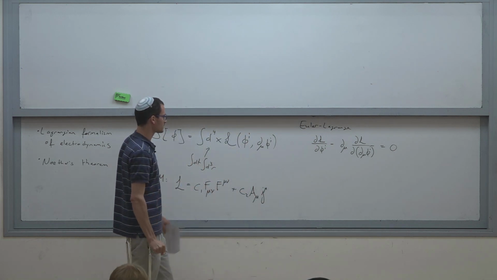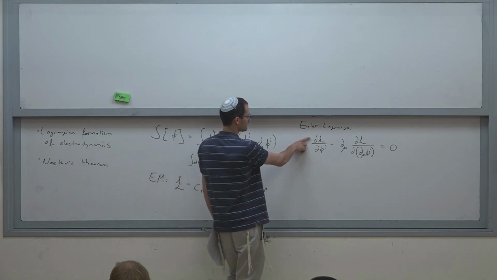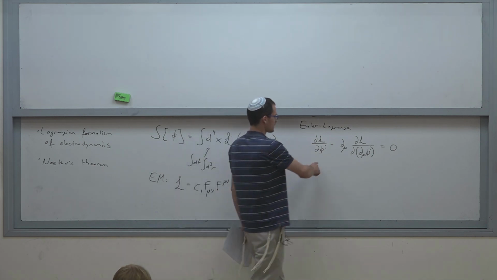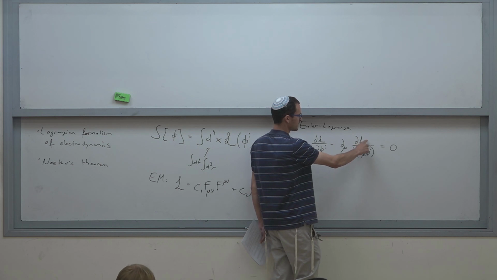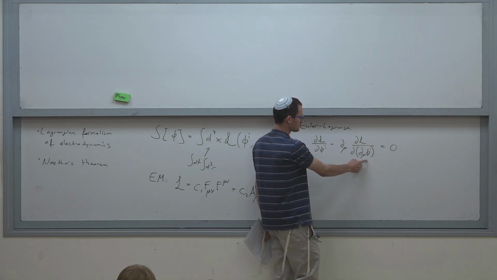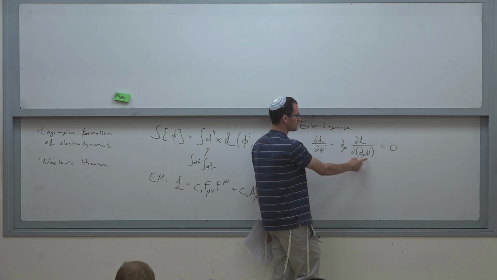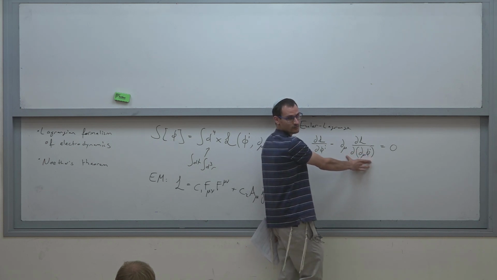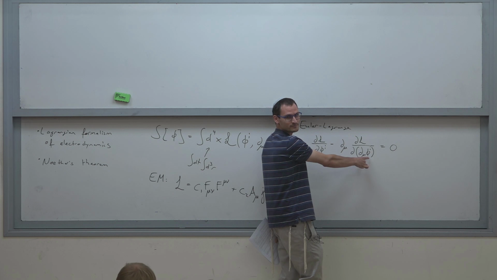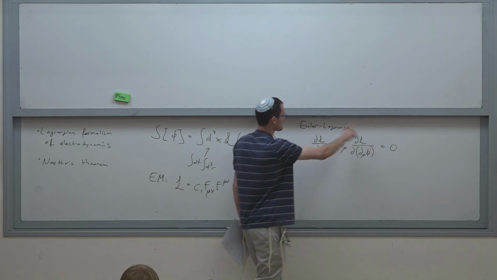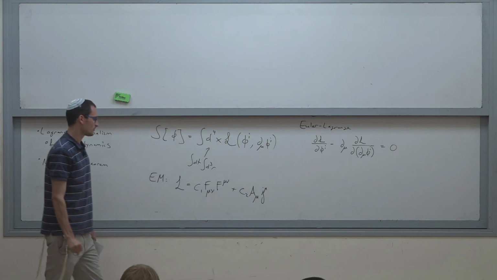So you take your Lagrangian, you take the derivative with respect to the field, phi is called the field, and then you take the derivative with respect to the derivative of the field and derive it again. Note that mu is repeated, so you have to sum over the time derivative, the x derivative, the y, and the z derivative. So these are actually 4 terms for each field. So if you have more than one field, there are 8, 12, 16 terms. And this will then give you the equation of motion.